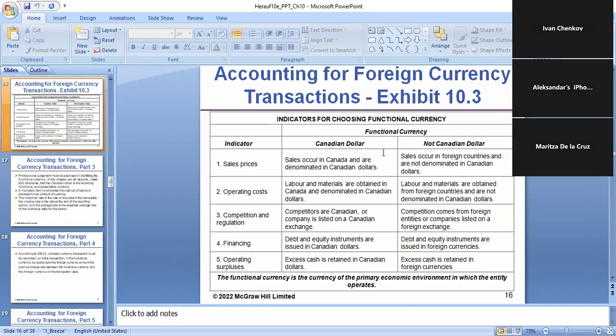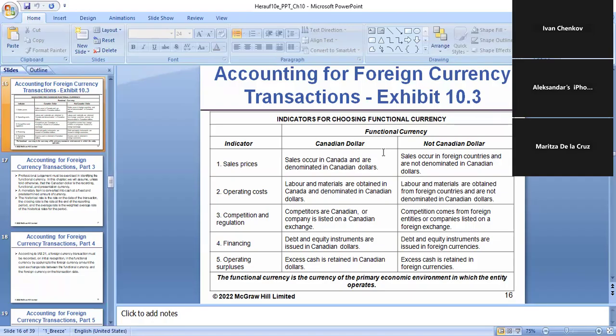Which one is the evidence that the functional currency is actually the Canadian dollar? For the sales price, if all the sales happen in Canada and those sales are denominated in Canadian dollars, the Canadian dollar is the functional currency. If the sales happen in foreign countries and the transactions are not denominated in Canadian dollars, that means the functional currency is not the Canadian dollar.